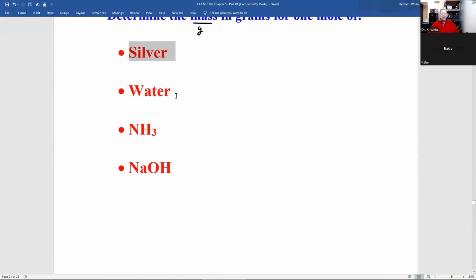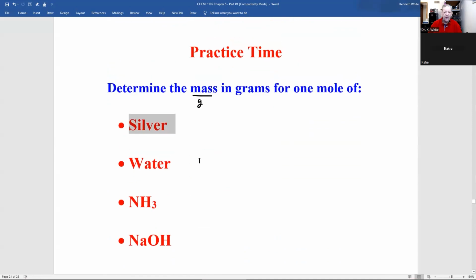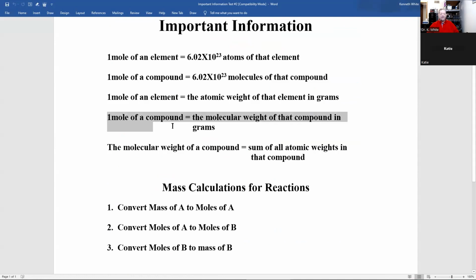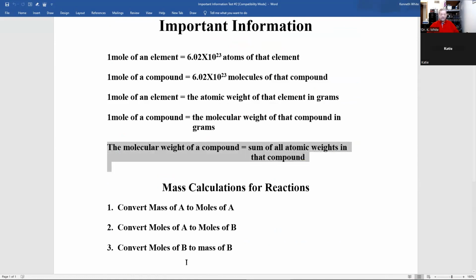Now, let's look at what's the mass, how many grams are 1 mole of water? Well, water has this formula. And what do we need? Well, you need to remember 1 mole of a compound equals the molecular weight of that compound, in grams, and we've got to find out what's the molecular weight of water. Well, we already did that.